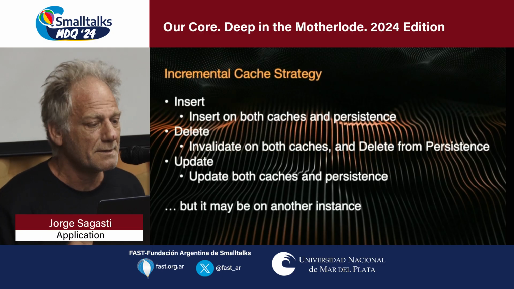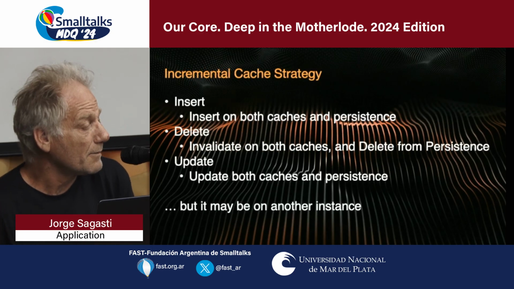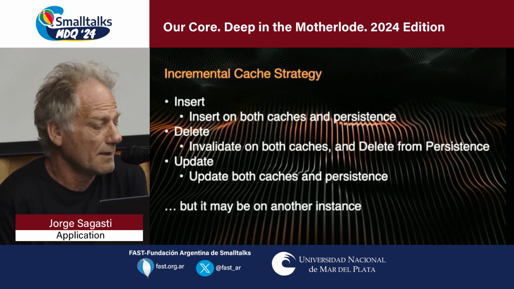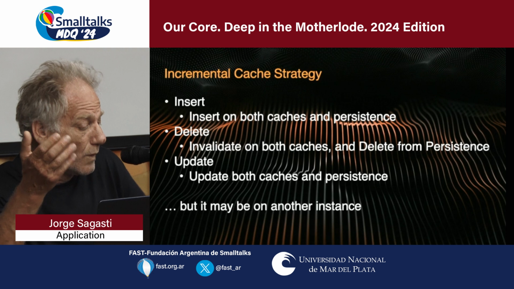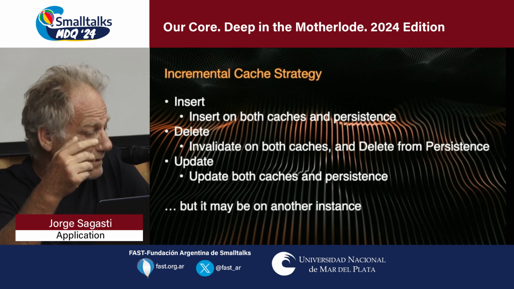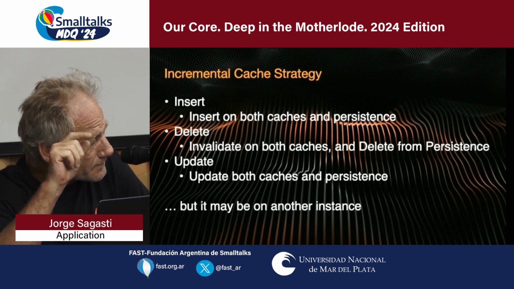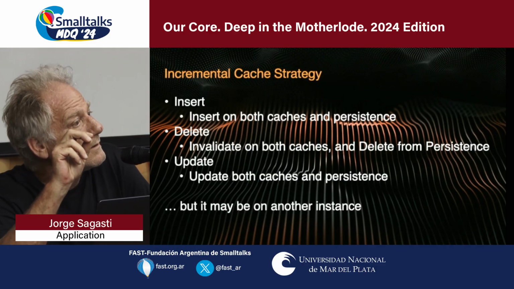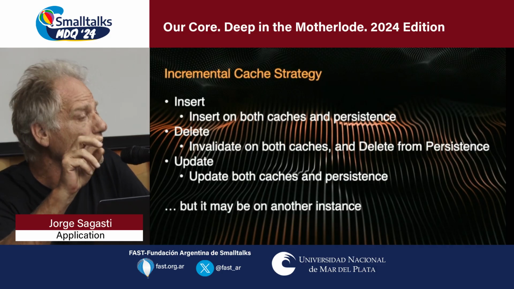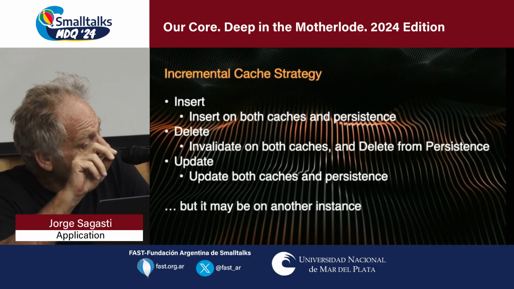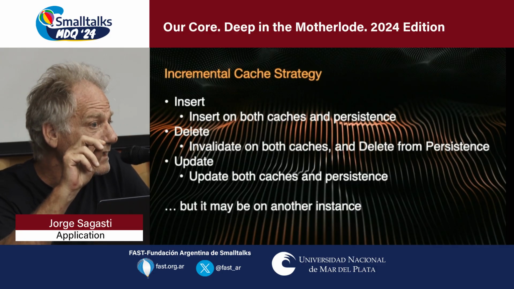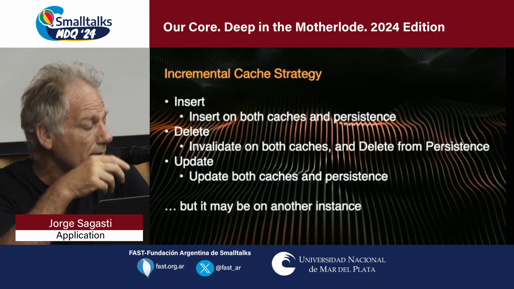And we'll talk about that in a second. The incremental cache is practically the same. On the insert, this is important, we keep them on the environment cache, we call it level 2 cache, on the instance cache and persistence.